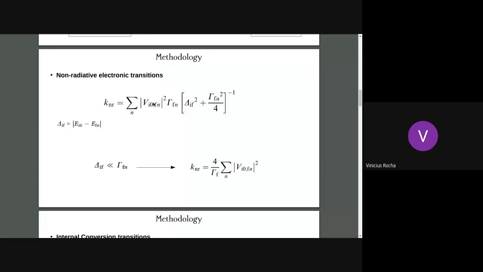And this V here is the matrix element of the perturbation operator. When we assume that gamma depends only weakly on the vibrational level n, we can make that approximation and we have the expression here.